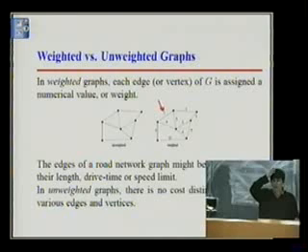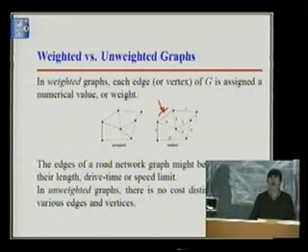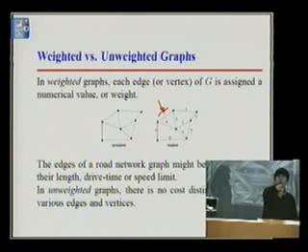So in some problems, edges have natural weights. What would be a natural weight for a road network problem? Well, I would hear you say toll. You're worried about how much it's going to cost you to get from here to there. You want the minimum cost way.